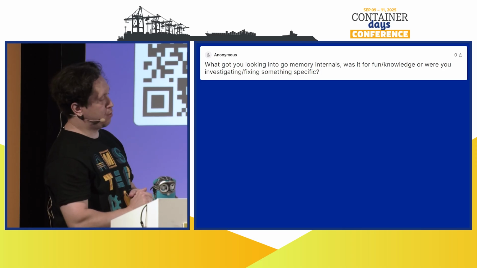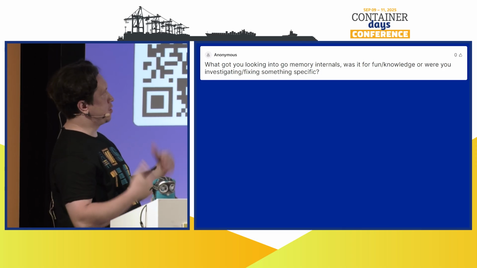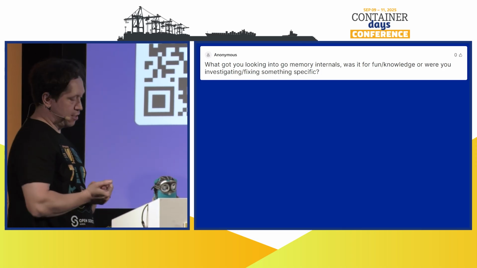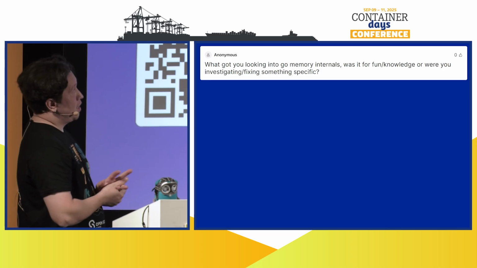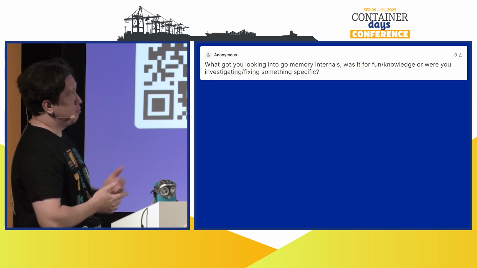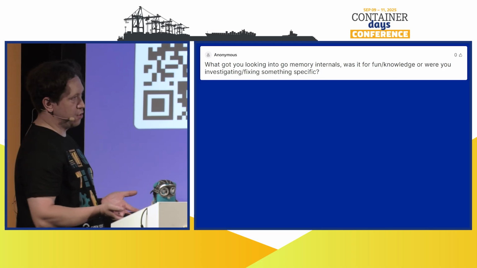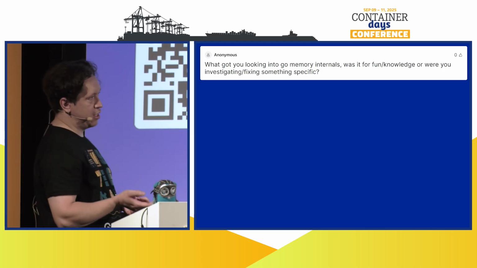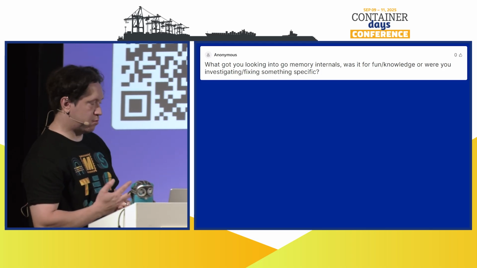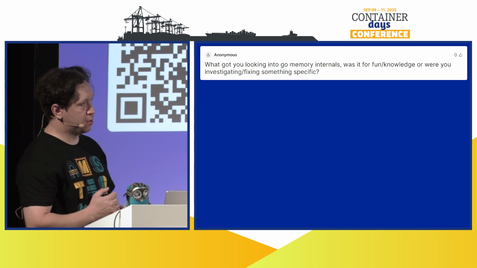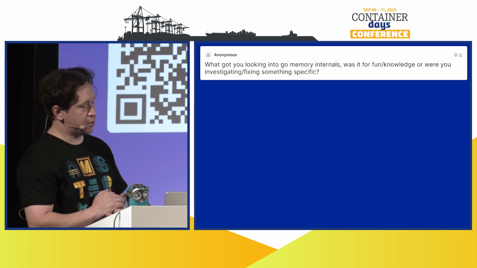So I ended up with just working with pointers, and that's the answer. And it was also a lot of fun knowledge, because I really wanted to know how it works internally, because I just changed one line and I got a good performance improvement. So that got me curious about this topic.